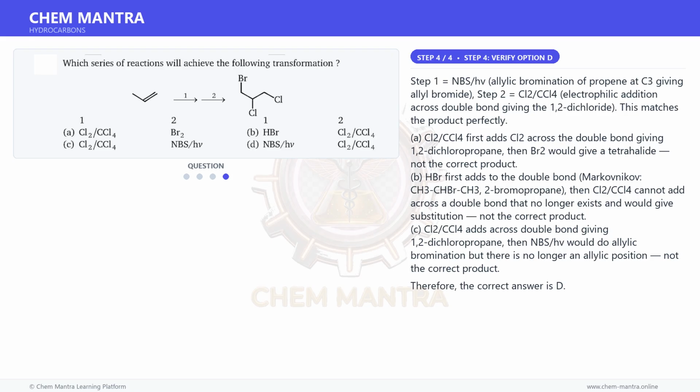C. Cl2 in CCl4 adds across the double bond giving 1,2-dichloropropane, then NBS, hv would do allylic bromination, but there is no longer an allylic position, not the correct product.